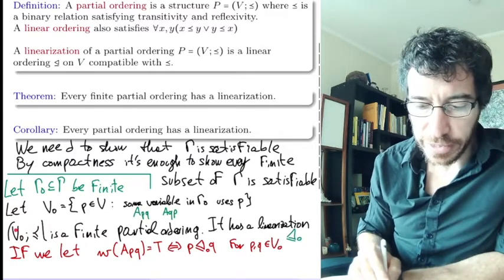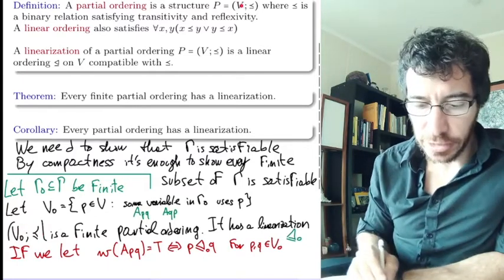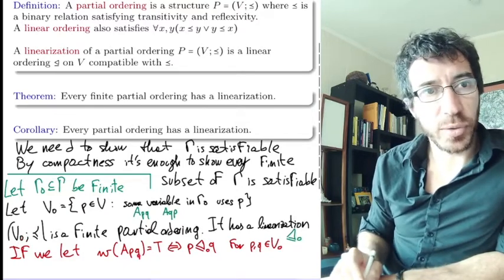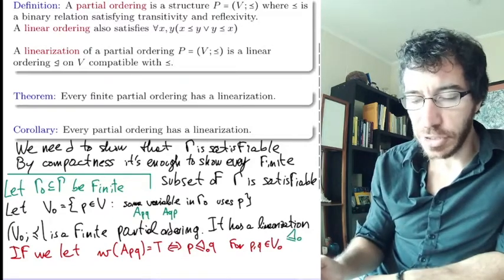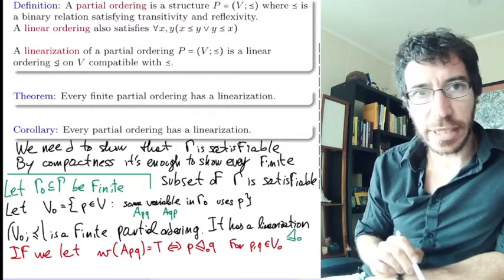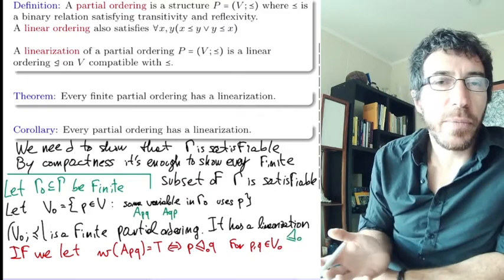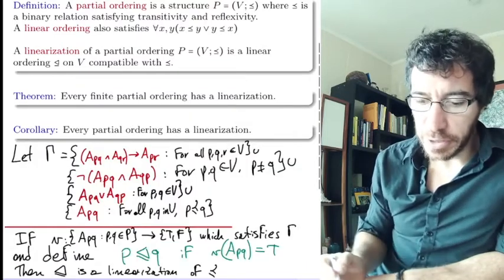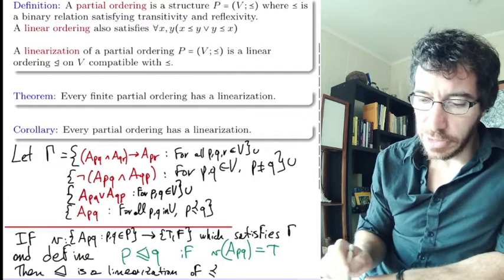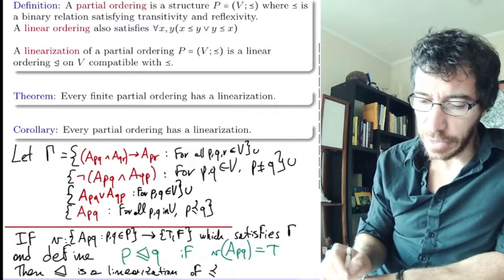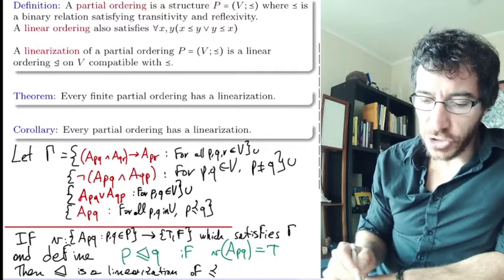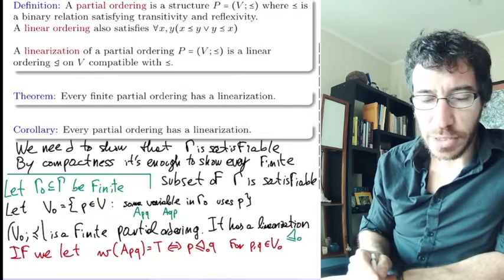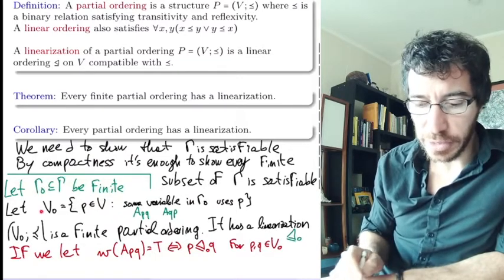This is a finite partial ordering, a finite subset of the whole thing. So there are only finitely many P's and Q's, so we're considering only finitely many variables. Only for those we have a linearization, and we use the linearization to define a truth assignment. And we know that if you have a linearization, you satisfy the formulas in gamma, because the linearization satisfies transitivity and antisymmetry, and it extends the partial ordering P. We only need to do it for the ones that appear in this finite set.